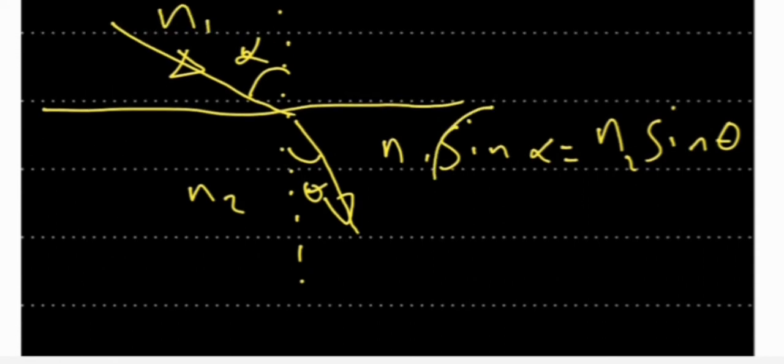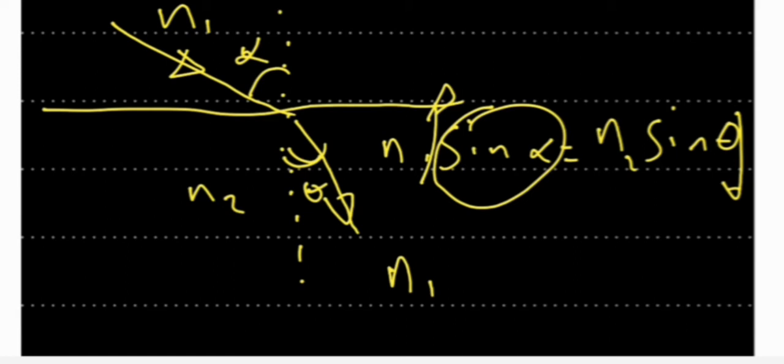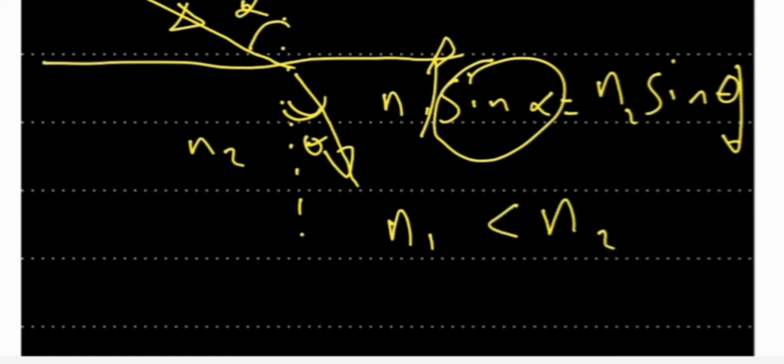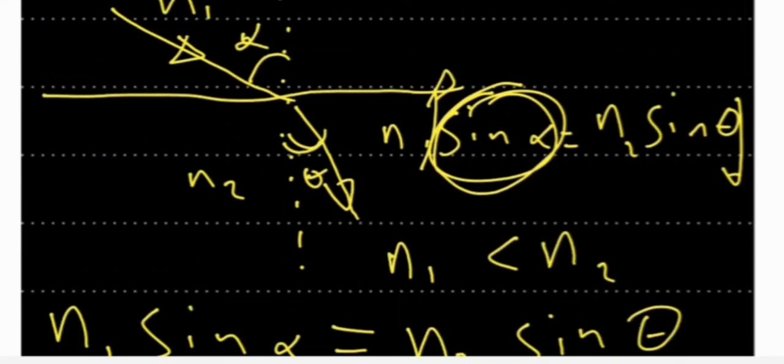If this angle over here is smaller, then this sine is smaller, and this sine over here is bigger. Then n1 must be smaller than n2. Why? Because there is an equality. n1 multiplied by sine of alpha equals n2 multiplied by sine of theta, but this sine is smaller than this one, so this index must be bigger than this one.